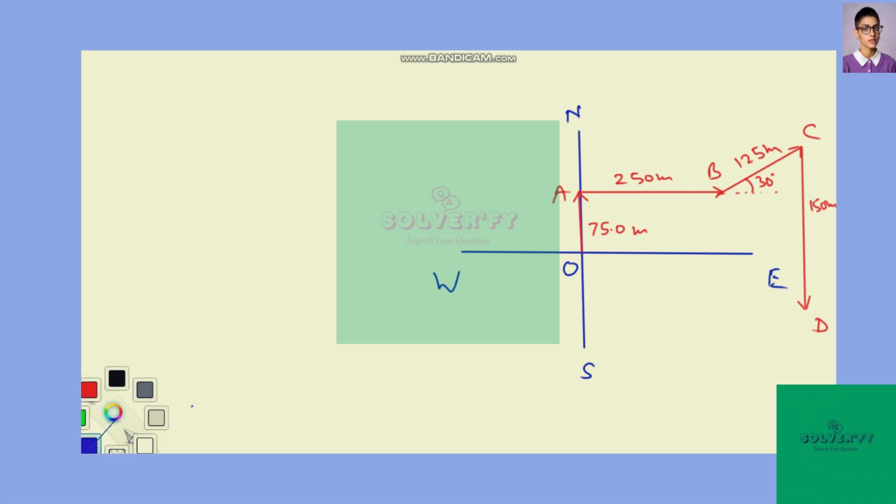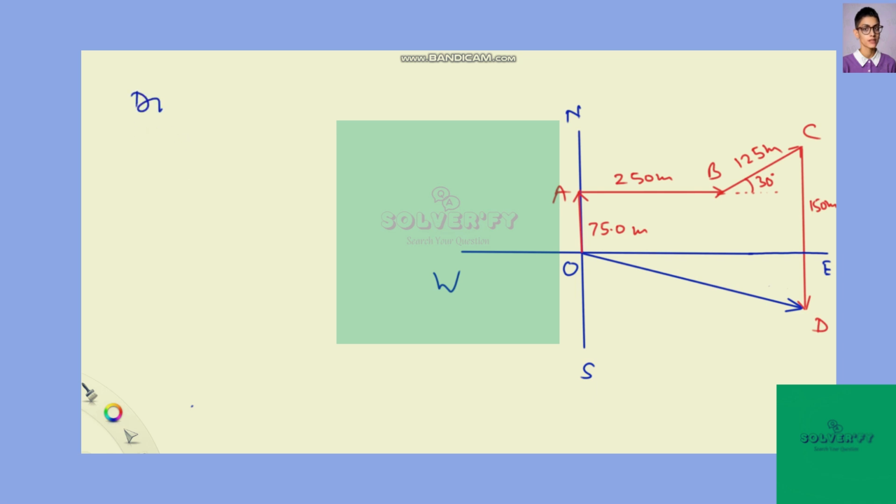So to find the net displacement, we shift this east here. Okay, so to find the net displacement, meaning the position of the Spelunker, we use component method.